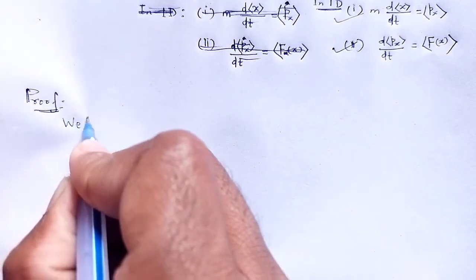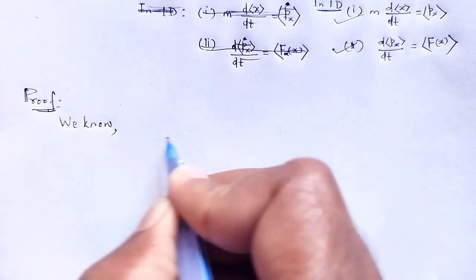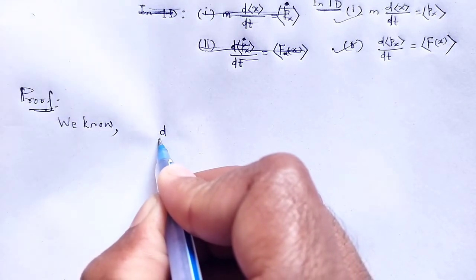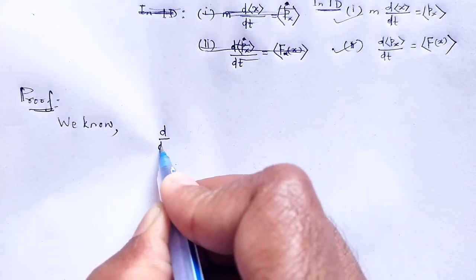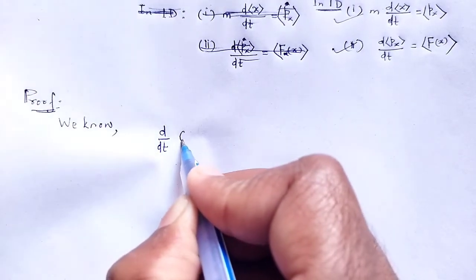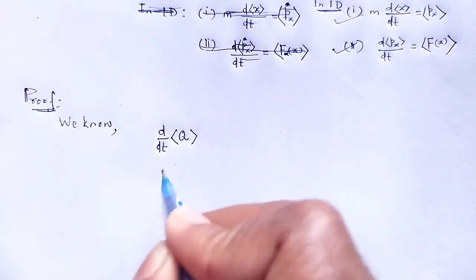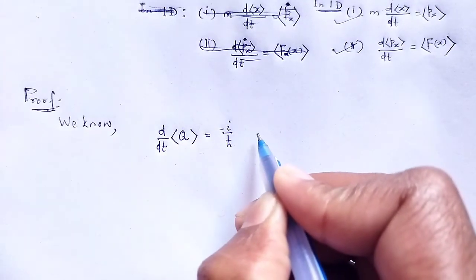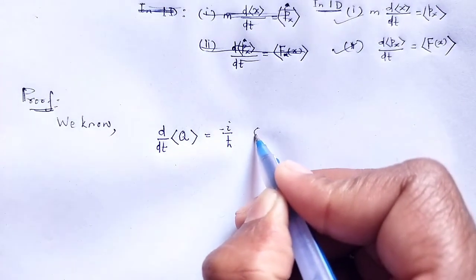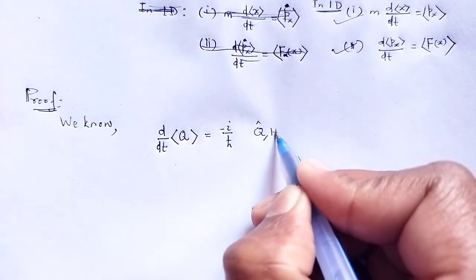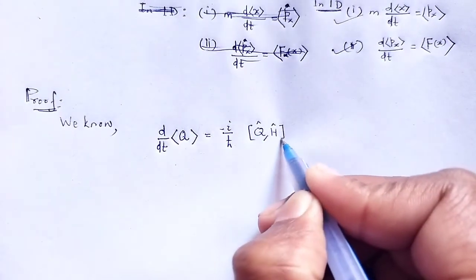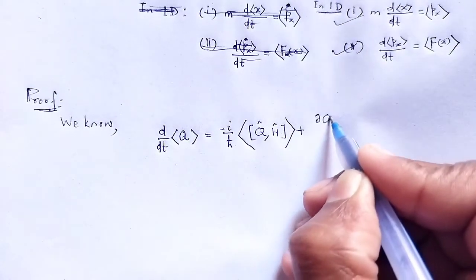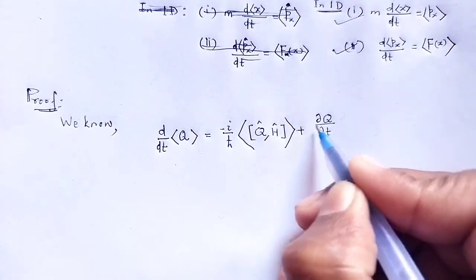We know the rate of change of the expectation of the observable q will be minus i by h cross, the expectation of the commutator of q cap and h cap, plus the expectation of del q by del t.